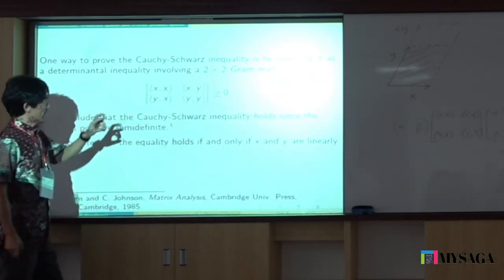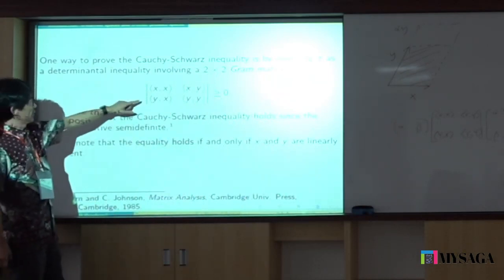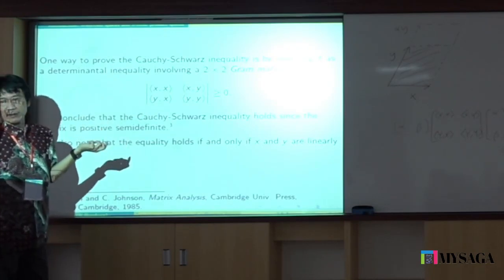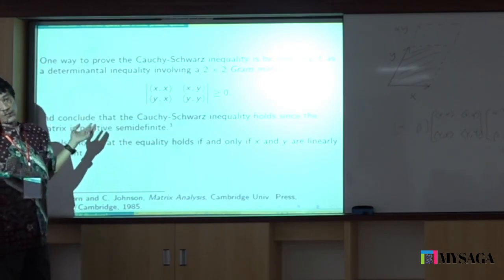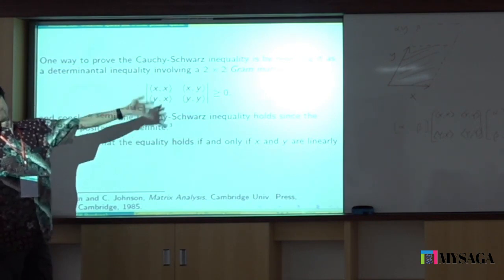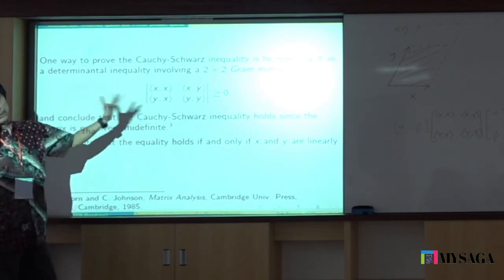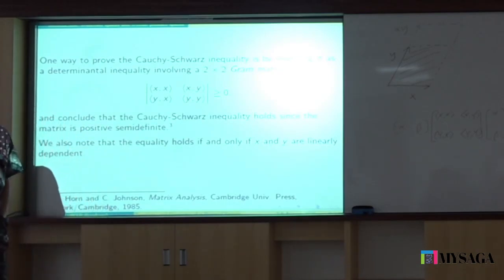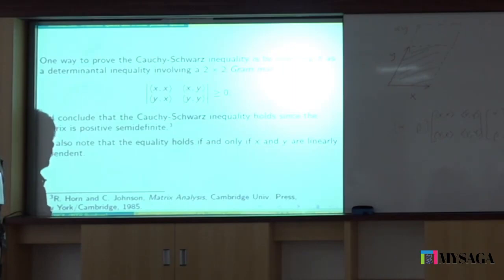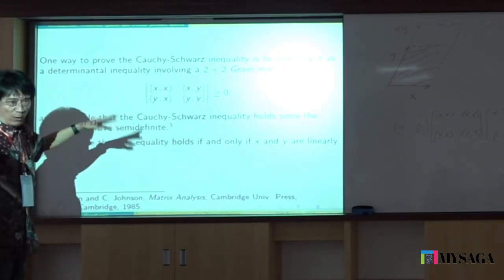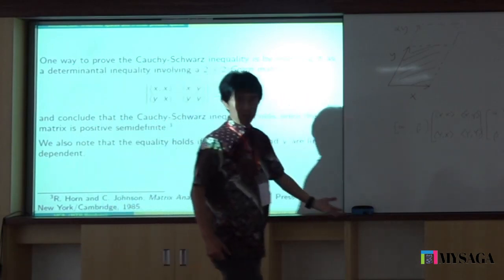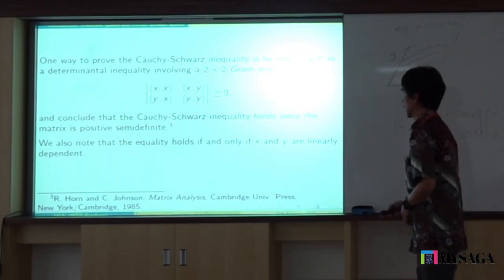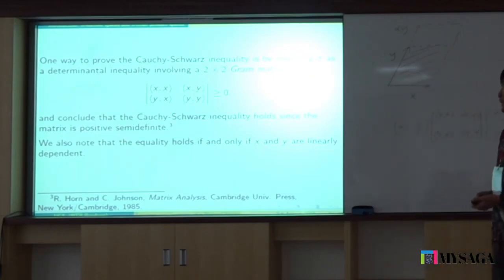Because if x and y are linearly dependent, then you can do an elementary row operation, so the second row will vanish. And conversely, if the determinant is 0, then y must be a multiple of x, because of the property of determinants.